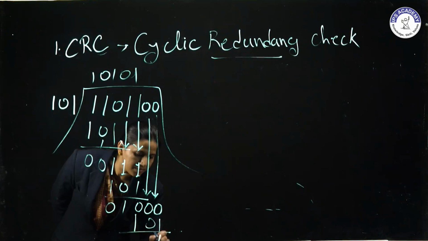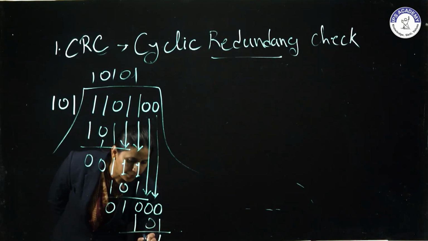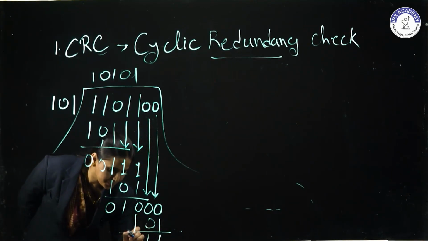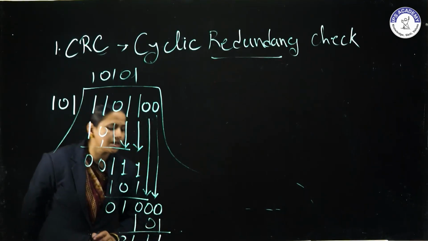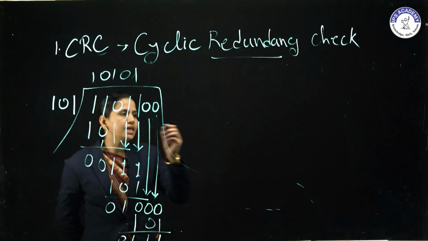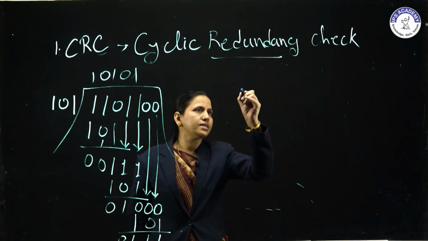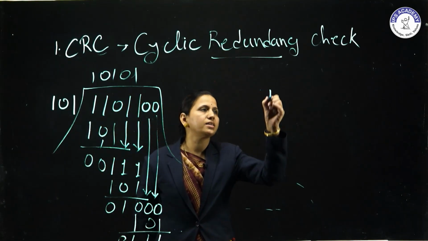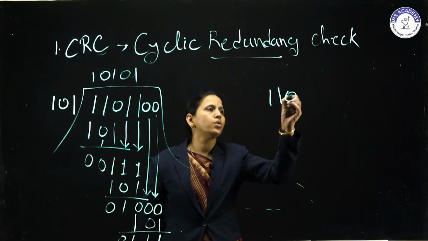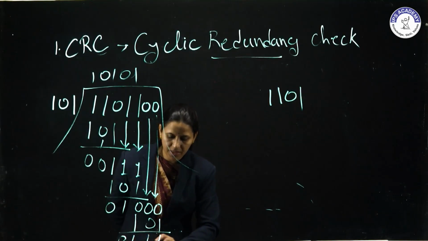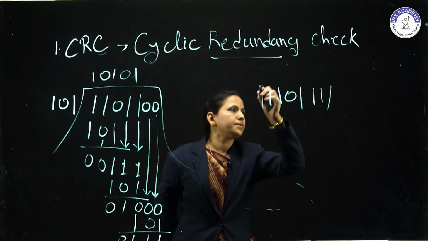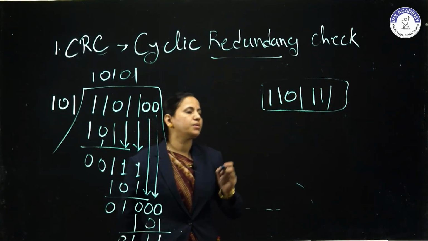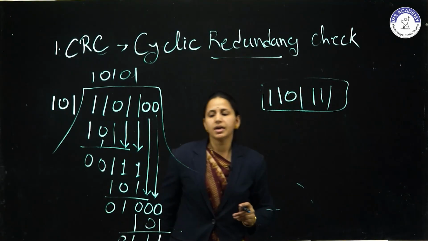So 0 minus 1 is 1, 0 minus 1 is 1, 0 minus 1 is 1, and 1 minus 1 is 0. So our remainder is 111. So the CRC sender sends their data, that is 1 1 0 1 1, with the help of this remainder 1 1 1. So this will be sent from the sender side to the receiver side.